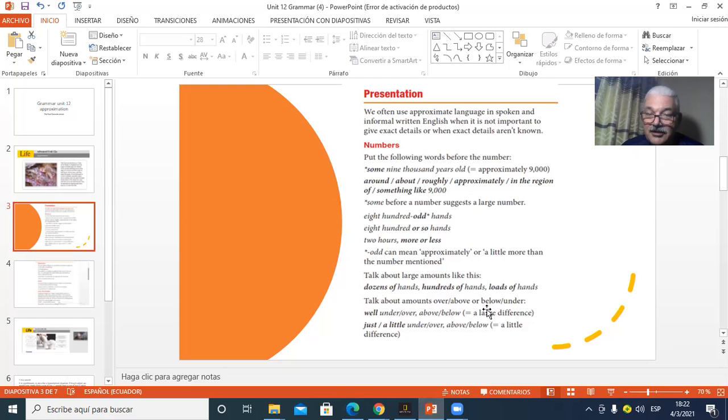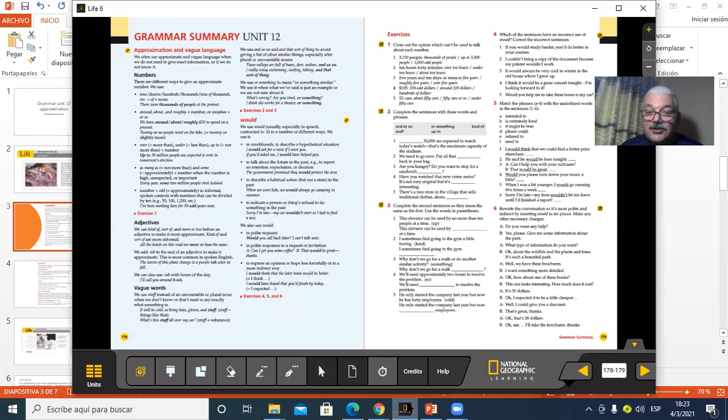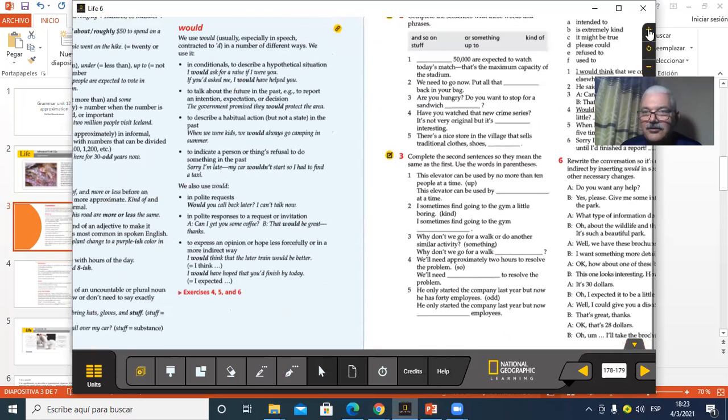So as you can read here, odd can mean approximately or a little more than the number mentioned. And we could also use other, let's say, fractions like dozens of, hundreds of, loads of, thousands of. Those are words that we use sometimes just to refer to approximation, okay?